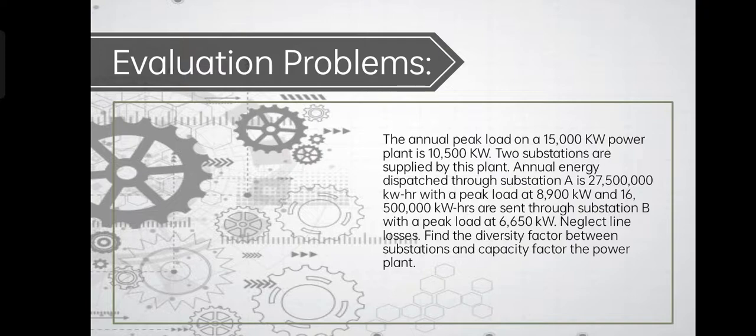So the next problem: the annual peak load on a 15,000 kilowatt power plant is 10,500 kilowatt. Two substations are supplied by this plant.